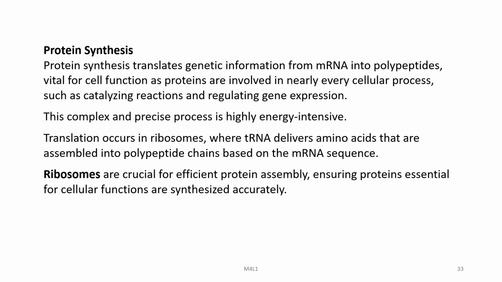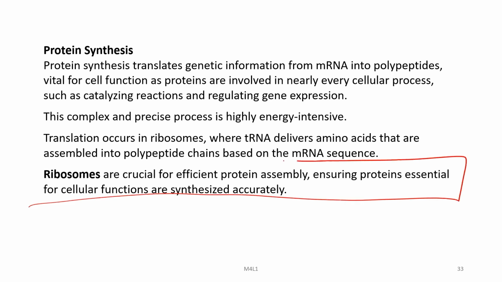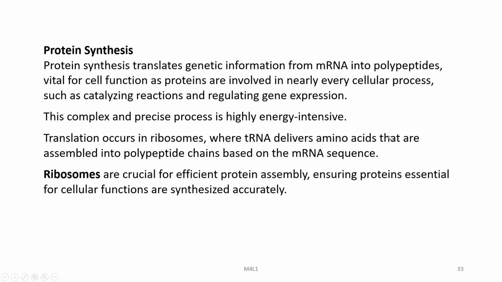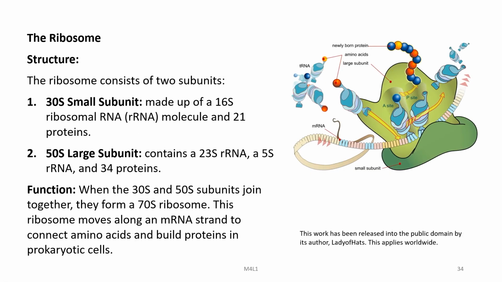Translation occurs in ribosomes, where tRNA delivers amino acids that are assembled into polypeptide chains based on the mRNA sequence. Ribosomes are crucial for efficiently assembling proteins, ensuring that proteins which are essential for cellular functions are synthesized accurately.